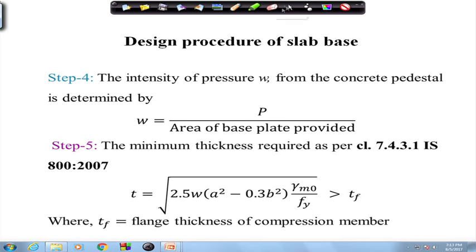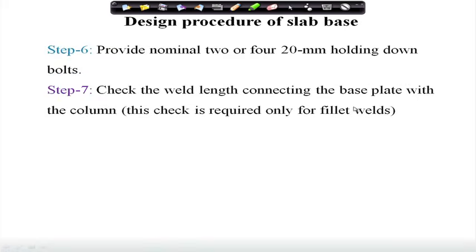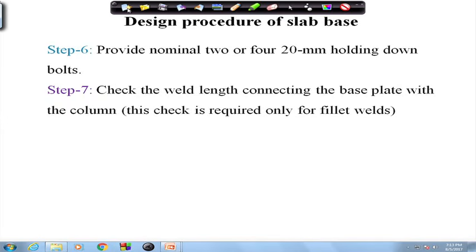After finding the dimensions of the base plate, we go to step 6, where we provide nominal 2 to 4 holding down bolts of 20 mm, just to hold the column in proper position on the base plate. This is true for axial compression load.